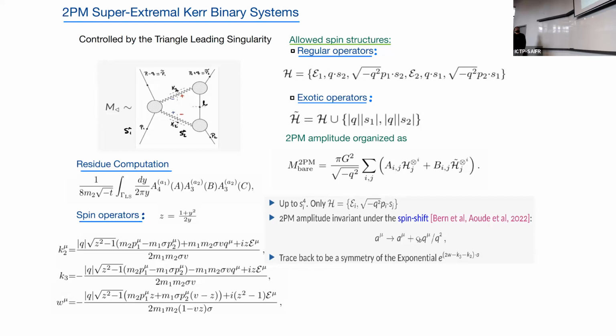But there are also these mod N operators that I was telling you about. In general, you can organize your 2-point amplitude in different powers of these operators, and the leading singularity computation should tell you what the coefficients are in this way of organizing the amplitude. You can do it up to 4th order in spin very easily and recover all known results.